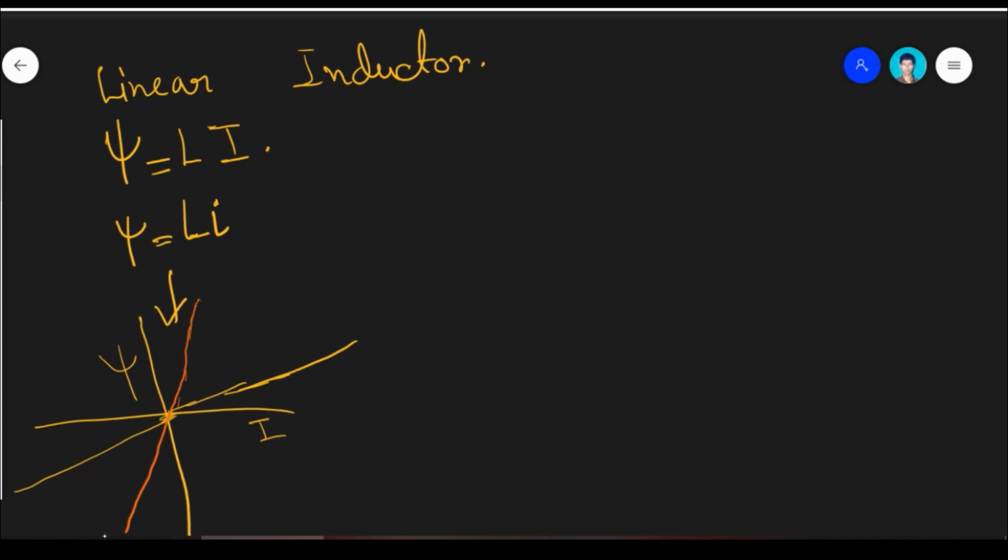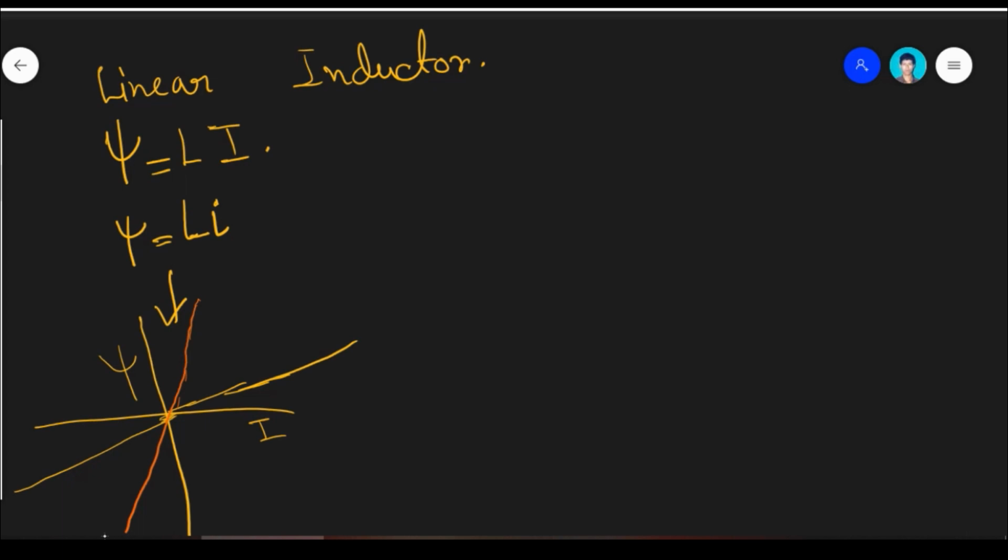Beyond that particular value of current, if we forcibly allow more current through the coil, it will not be able to produce more flux.